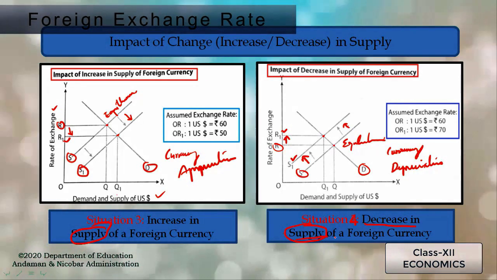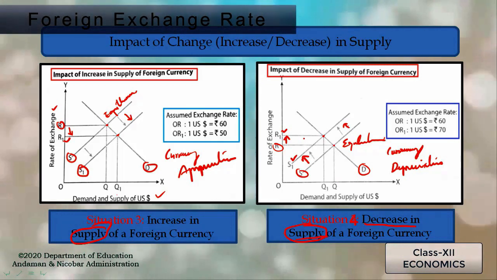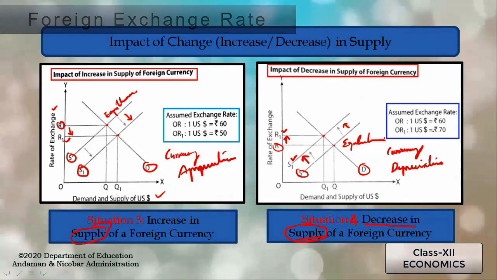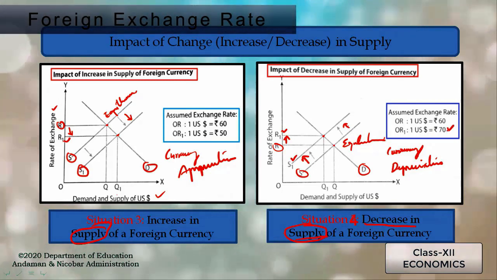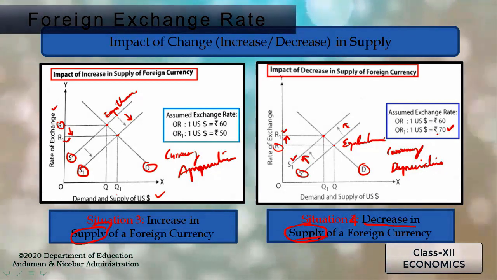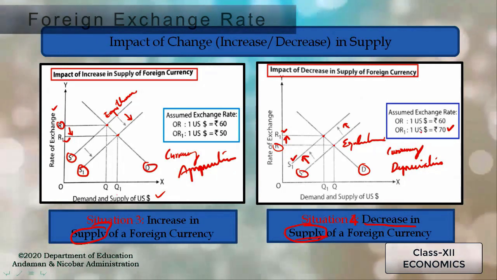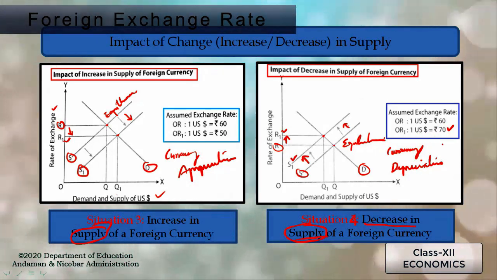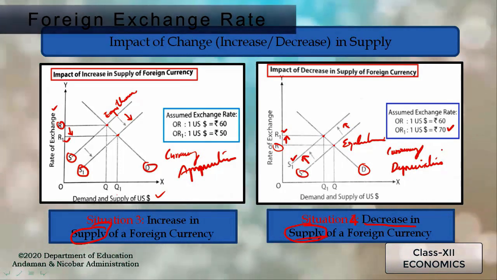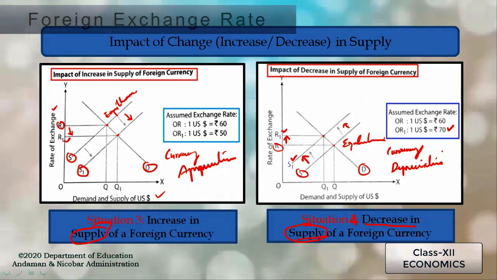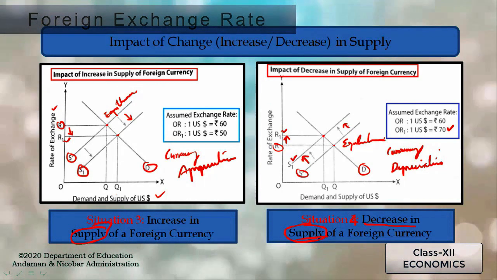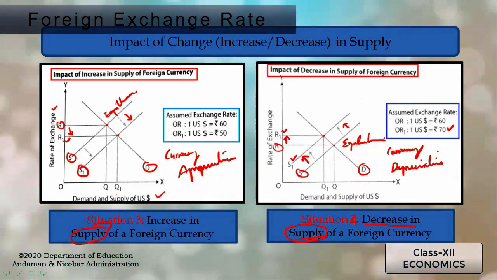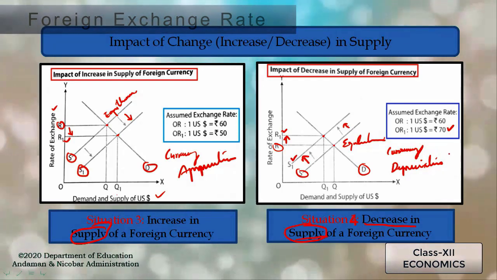Whenever there is a decrease in the supply of foreign currency, the exchange rate will increase. So in this situation we need to pay 70 rupees instead of 60 to exchange 1 US dollar. So students, in this way we can calculate how the currency rates get depreciated and appreciated due to the increase or decrease in the supply and demand of foreign currencies in an economy.